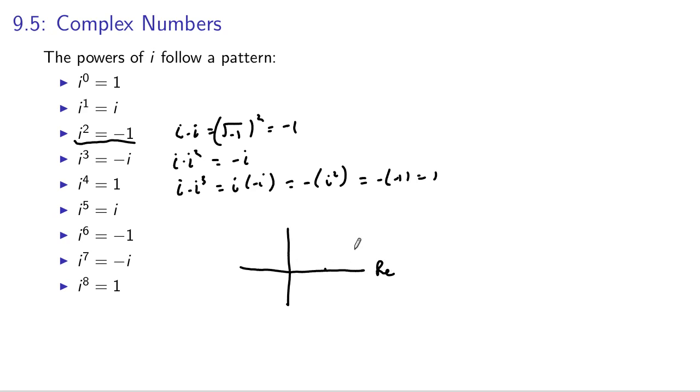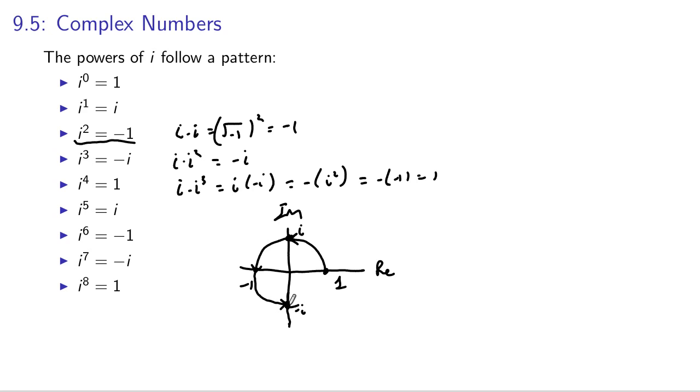If we have this as the real and imaginary part, and this is 1, this is i, this is negative 1, and this is negative i, then i to the 0 is 1, i to the first is i, i squared is negative 1, and i cubed would be negative i.